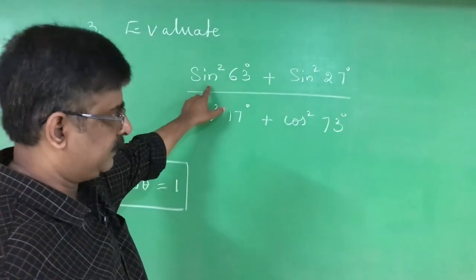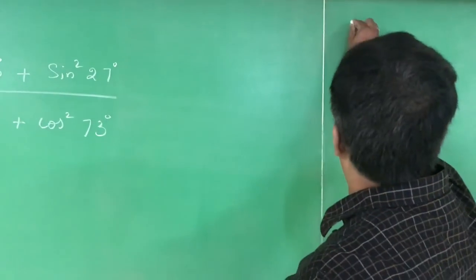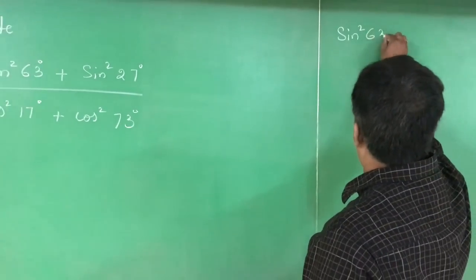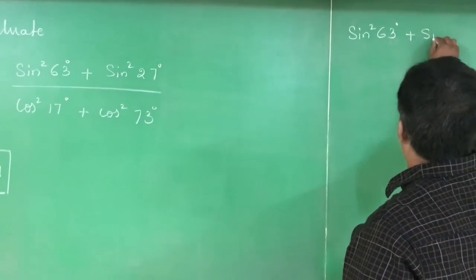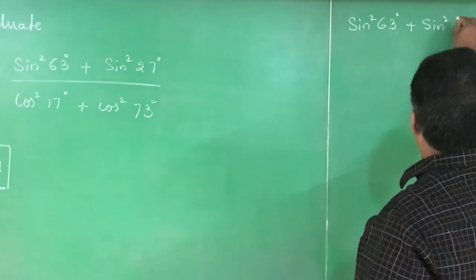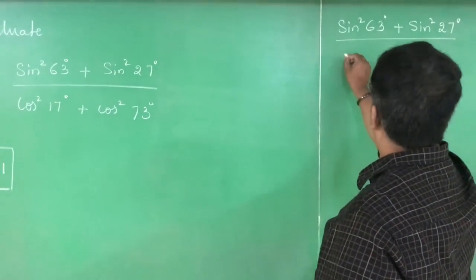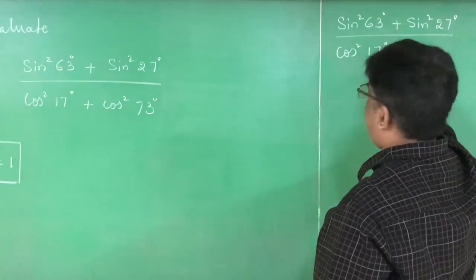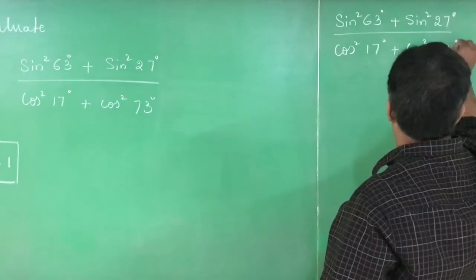See, I write the first line, the problem, like this. Sin square 63 degrees plus sin square 27 degrees whole divided by cos square 17 degrees plus cos square 73 degrees.